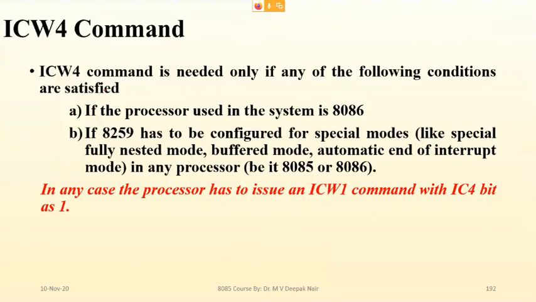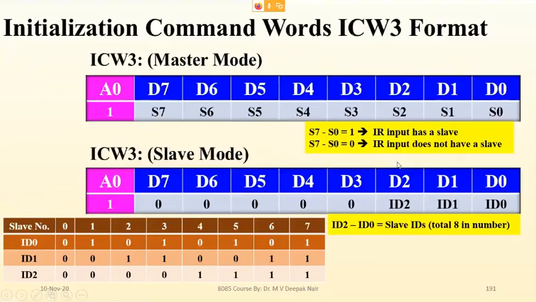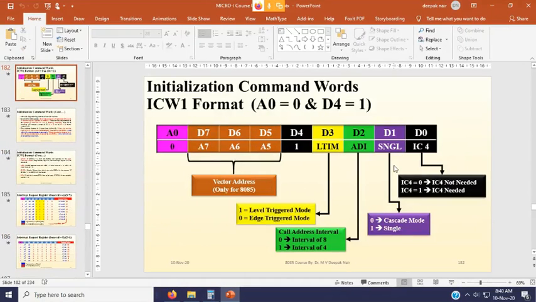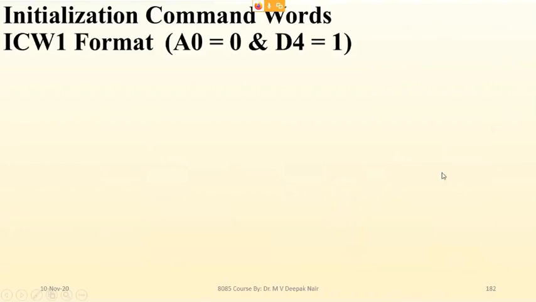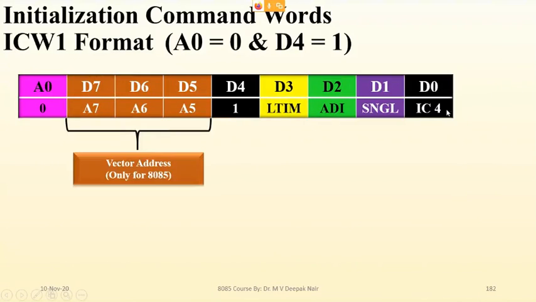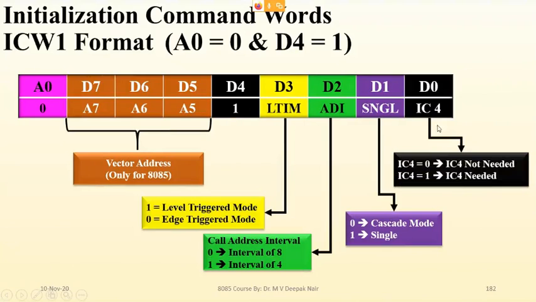Now coming to ICW4. If you can recall, ICW4 will be needed only when we pass the requirement in ICW1. ICW4 will not be generated if we do not specify that in ICW1. Why? Let us check. If you can recall ICW1's format, you can see the D0 bit.